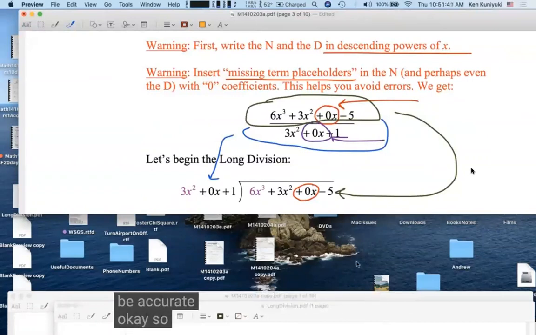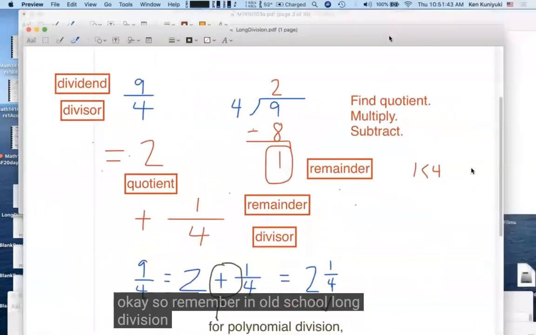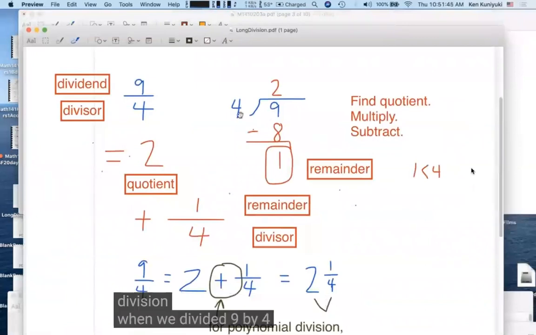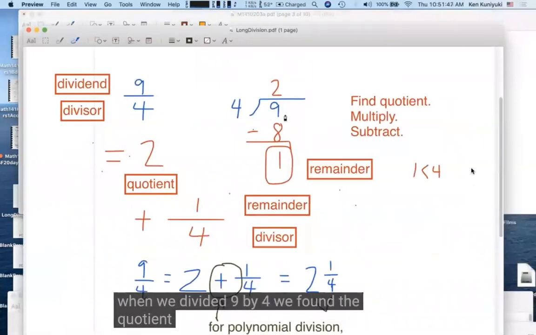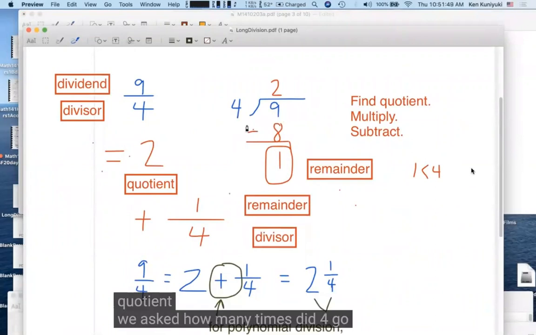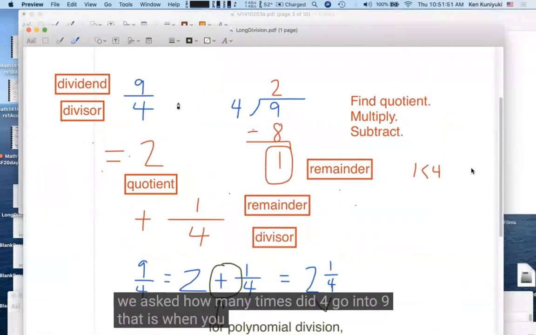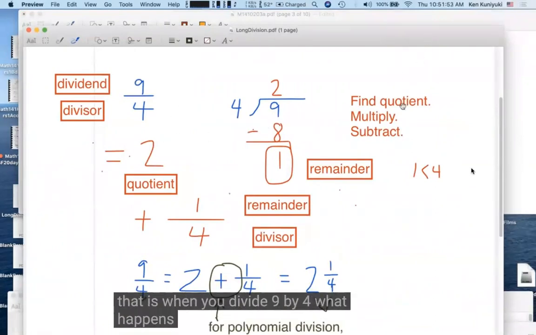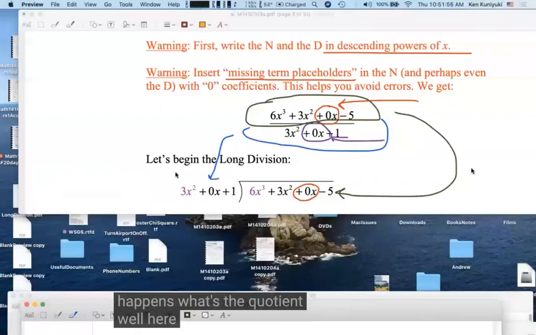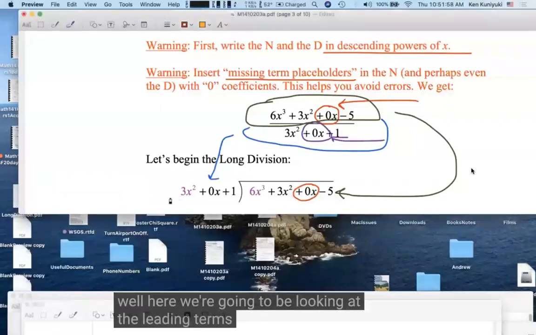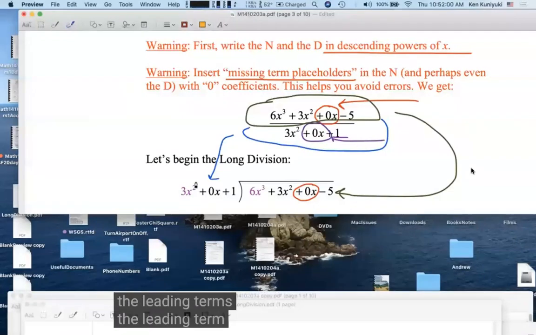Okay, so remember, in old school long division, when we divided 9 by 4, we found the quotient. We asked, how many times did 4 go into 9? That is, when you divide 9 by 4, what happens? What's the quotient? Well, here, we're going to be looking at the leading terms. The leading term of the divisor is 3x squared.